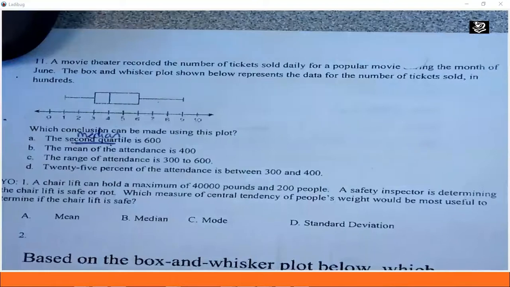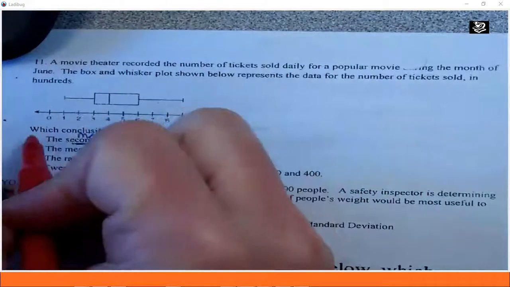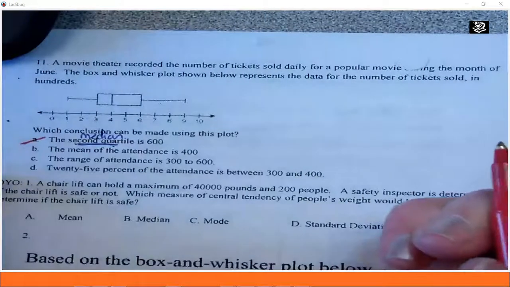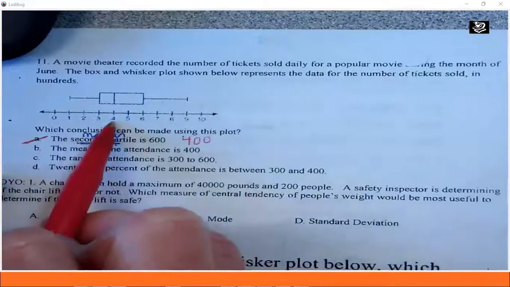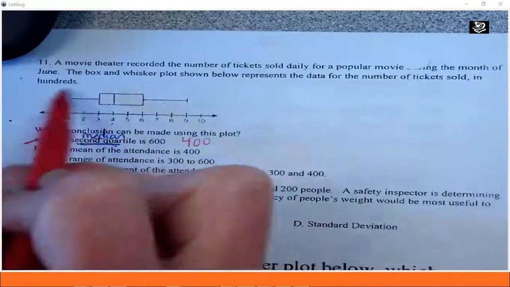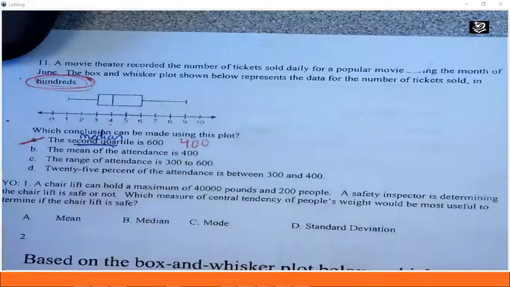Isabella, is the median at 600? No. Can somebody tell me where the median is? 400. Why is it 400? It says it's in hundreds up here. So the median is actually 400. So A is not the answer.